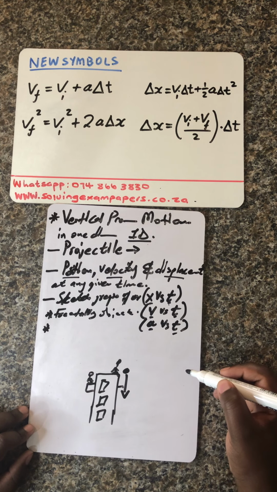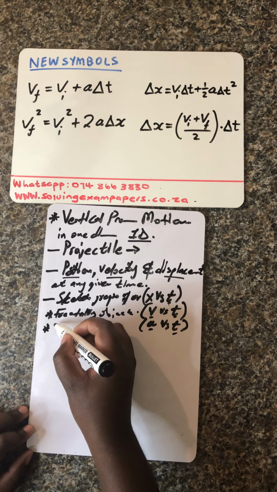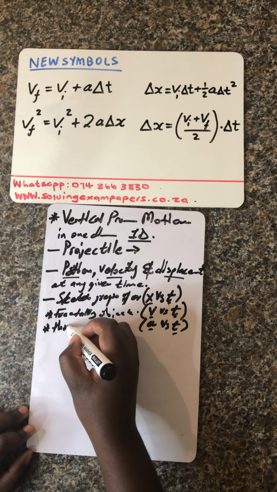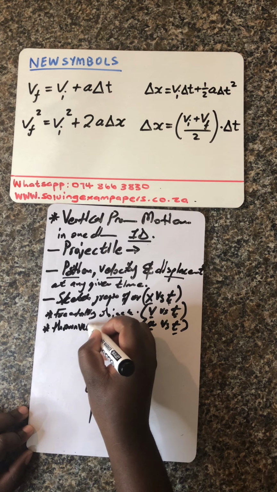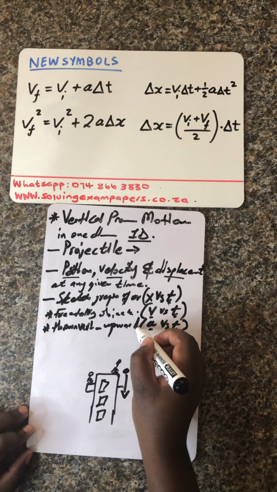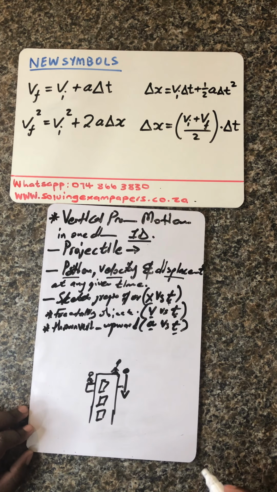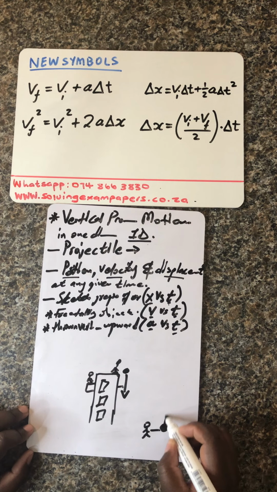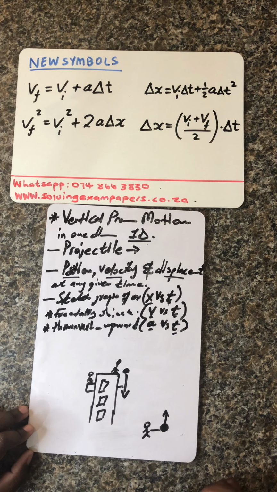And again, for the second one, we can also sketch this for an object thrown vertically upwards. Let me just write it down over there: an object thrown vertically upwards. Just write it down as part of your notes. Obviously, someone can be standing somewhere there and throw this object vertically upwards.